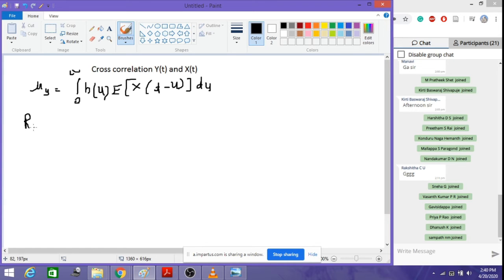If we take the cross correlation function, that is defined as Rxy of tau is equal to the expectation of x of t with x of t plus tau.